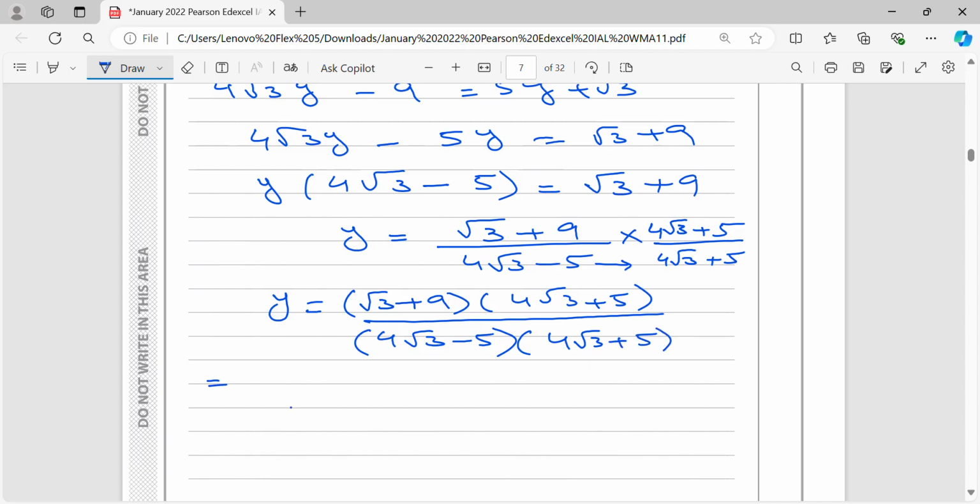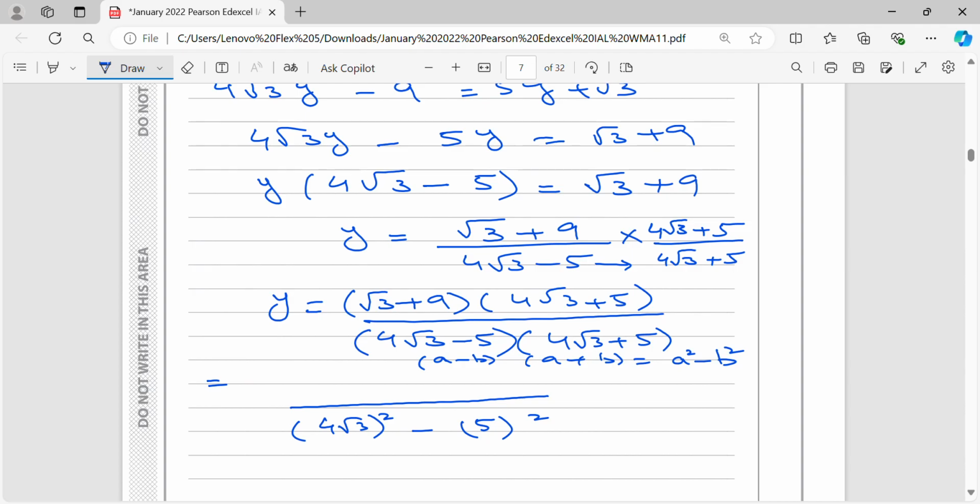If you look at the denominator, we have 4 root 3 minus 5 and 4 root 3 plus 5. So this is a minus b and this is a plus b, and I'm going to use the difference of squares formula, that is a squared minus b squared. Because it gives me the simplified answer. So 4 root 3 whole squared, and b is 5, and that is 5 squared. This is my denominator.